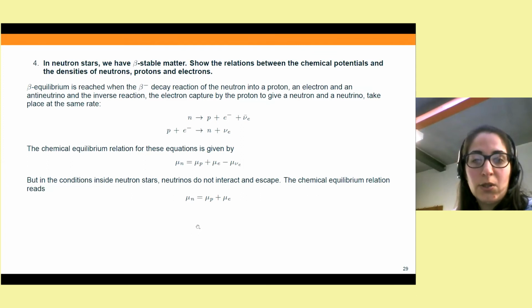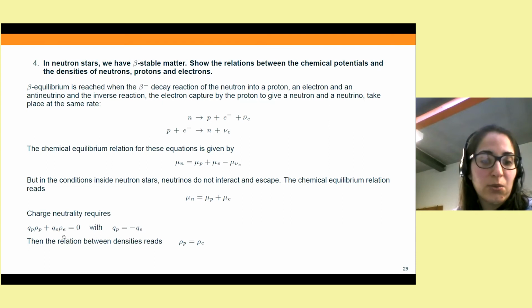Okay, so this is for the chemical potentials, but what about the densities, how can we relate them? We have said also that we have to require charge neutrality in neutron star matter. Okay, so what does it mean? It means that the charge of the proton times the proton density plus the charge of the electron times the electron density has to be 0.